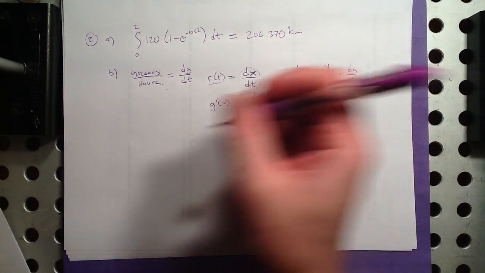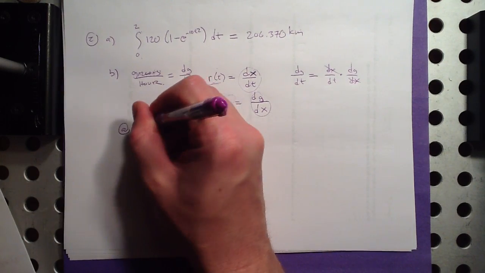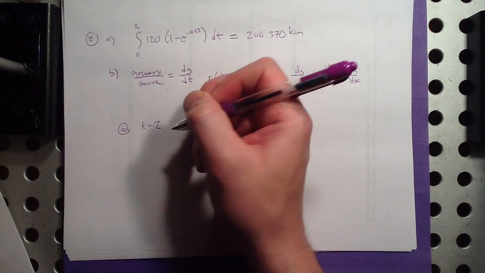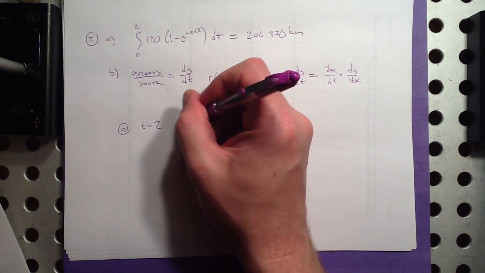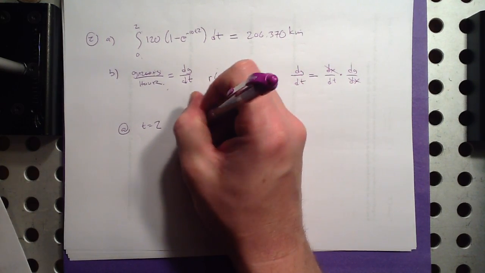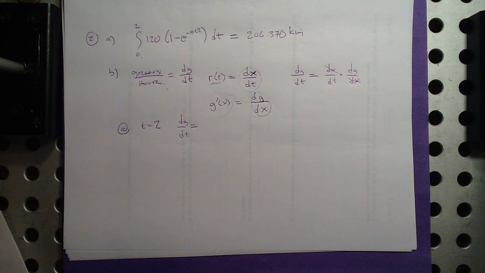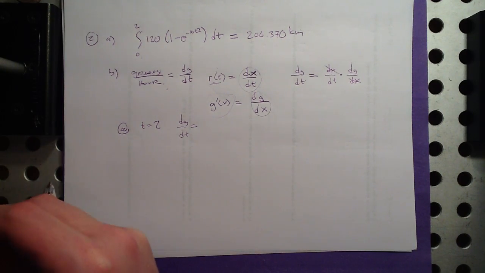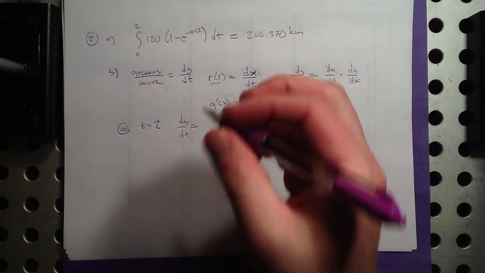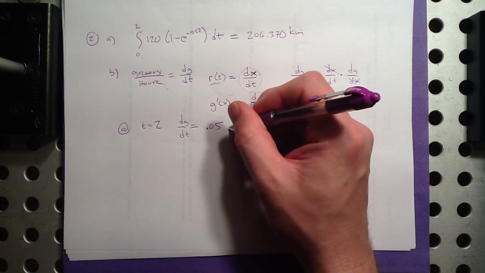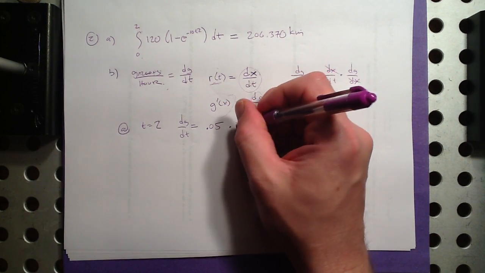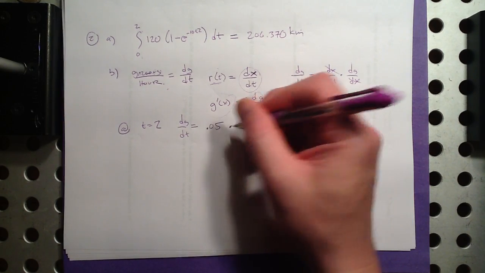So let's see. At t equals 2, dg/dt is equal to dg/dx, which I calculated to be 0.05, times 120.